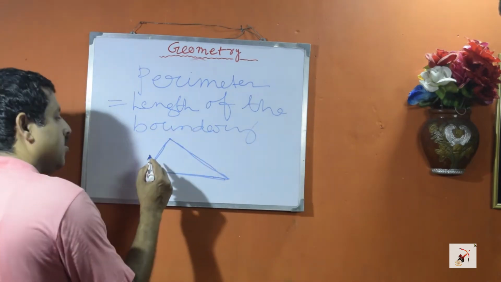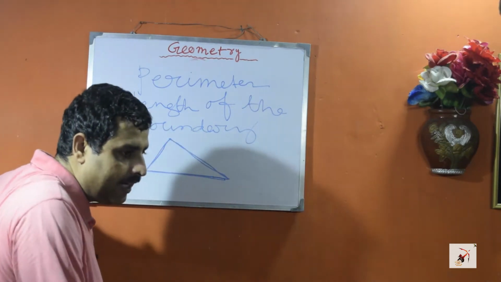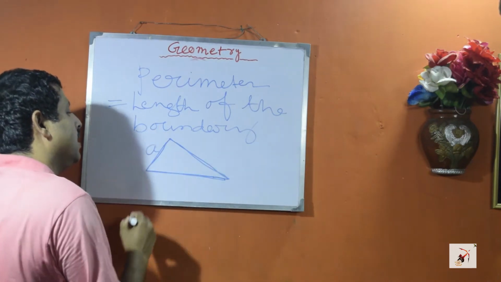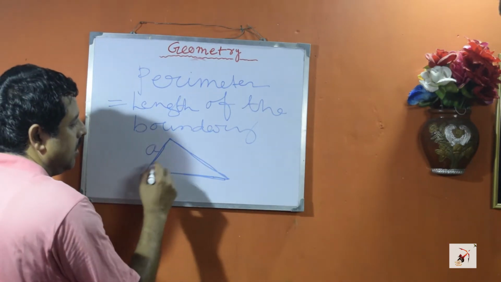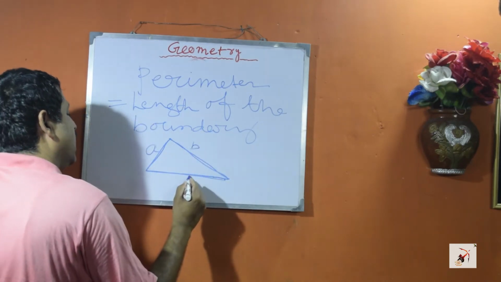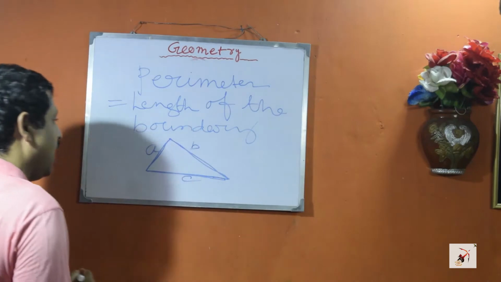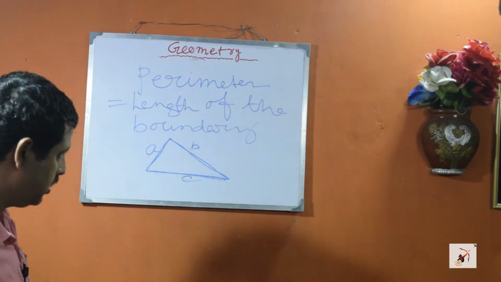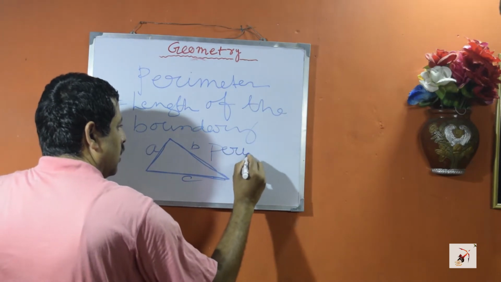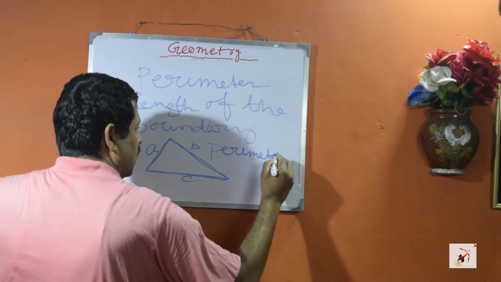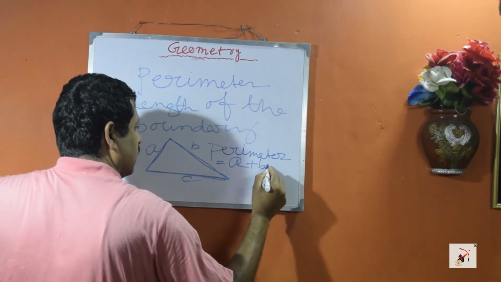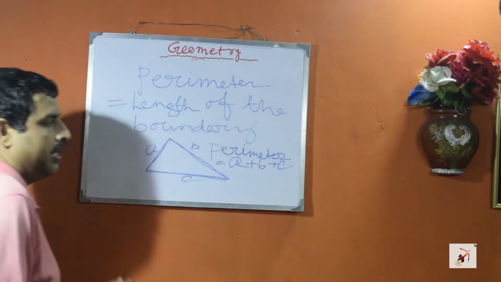In the case of a triangle, what is the perimeter? The number of sides is 3, and let the lengths of the sides be A, B, C units. So perimeter equals the sum of the lengths of the sides.